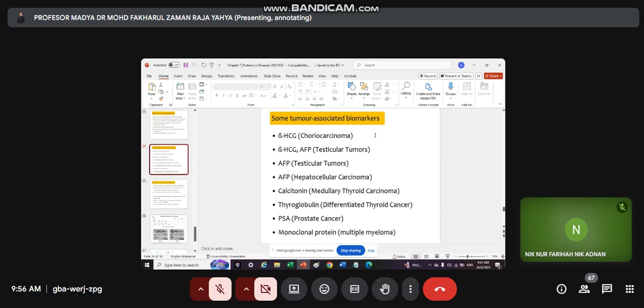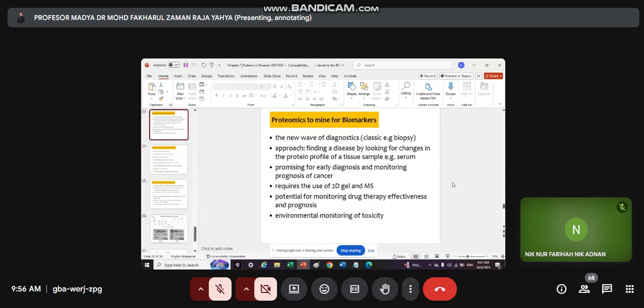So if you can list down several of them I think would be sufficient to explain about the biomarkers. Okay, any question regarding biomarkers? No, doctor.